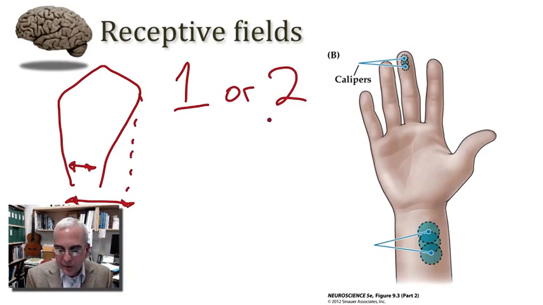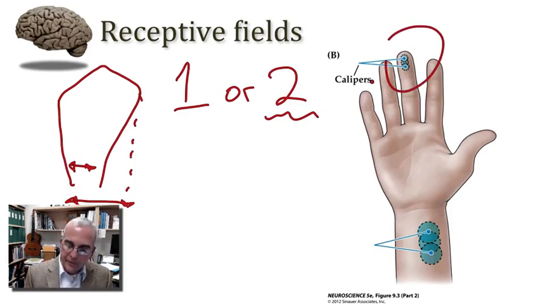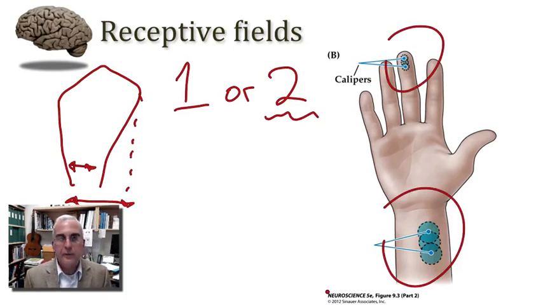In order for a subject to report 2 points of contact, we must stimulate at least 2 receptive fields on the skin surface. So this is illustrated for the fingertip and in a patch of skin in the forearm. And what is shown in this figure is what's actually observed in most people.